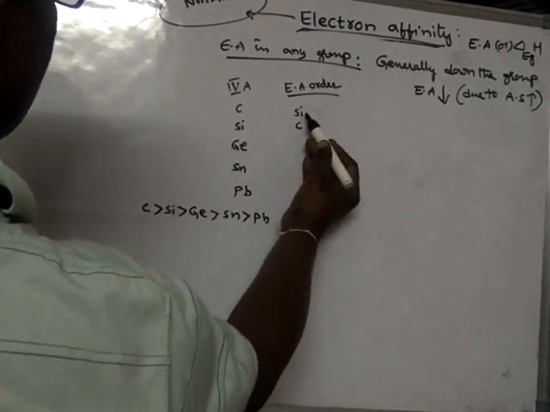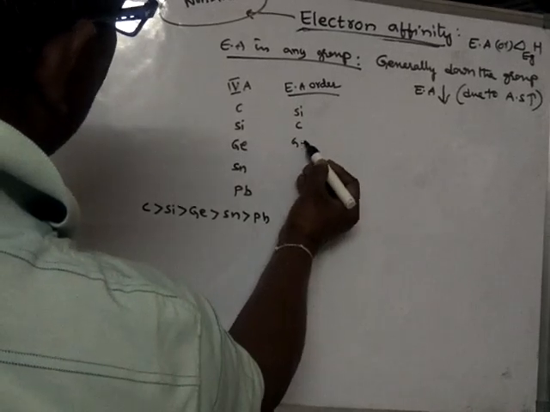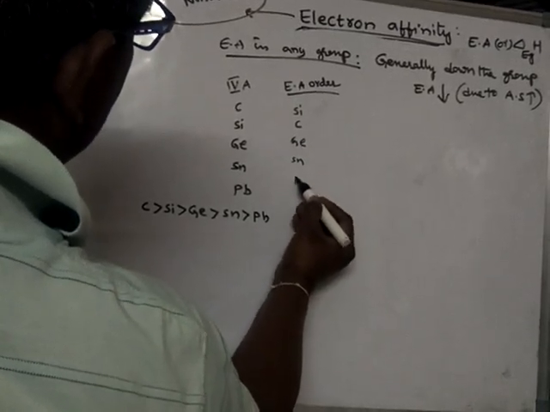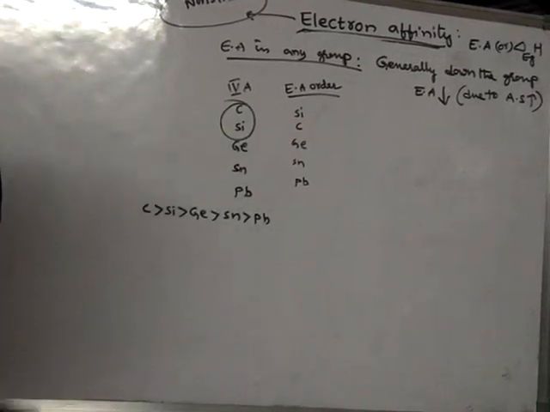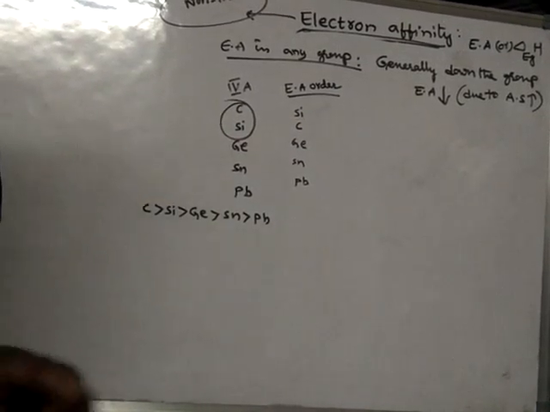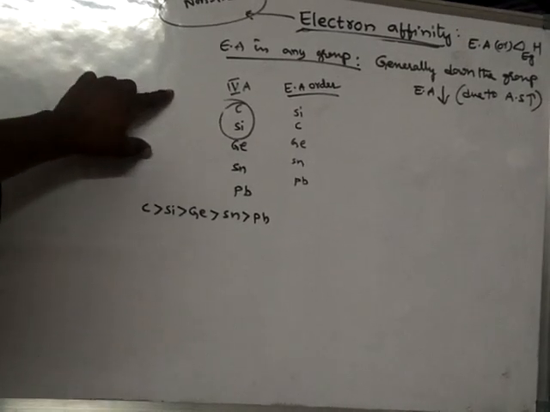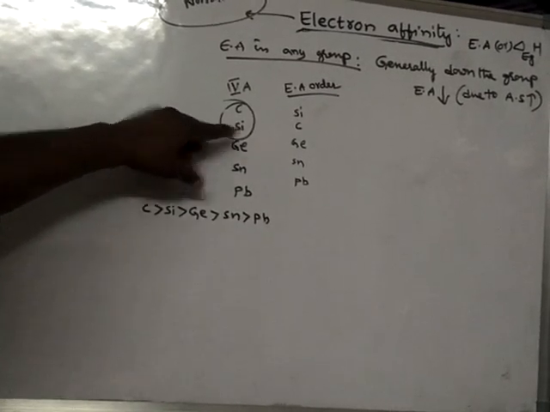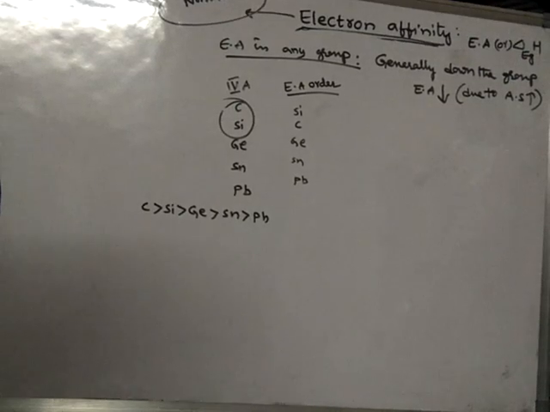Silicon is possessing more electron affinity than carbon, and from there onwards the order does not change. So the order is changed between the elements of the second period and third period. Carbon belongs to second period and silicon belongs to third period. So second period elements will have less electron affinity than the third period element from every group.